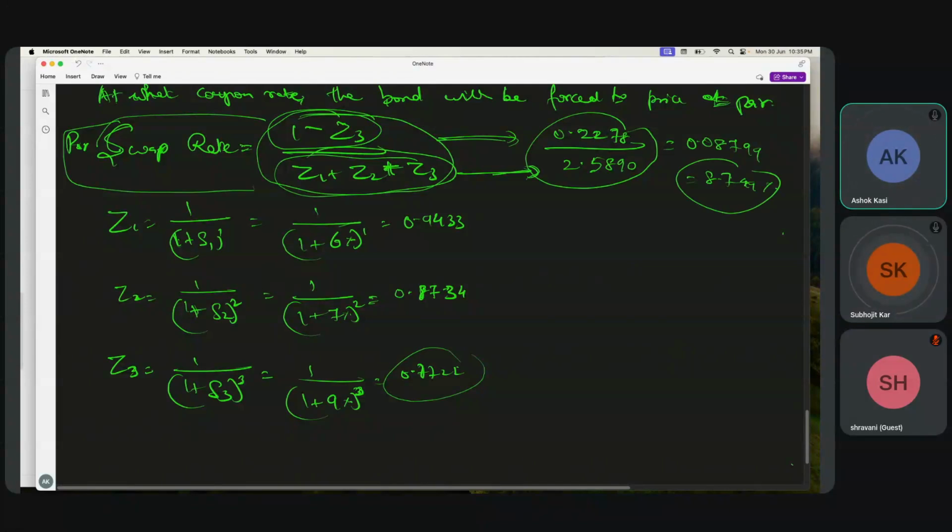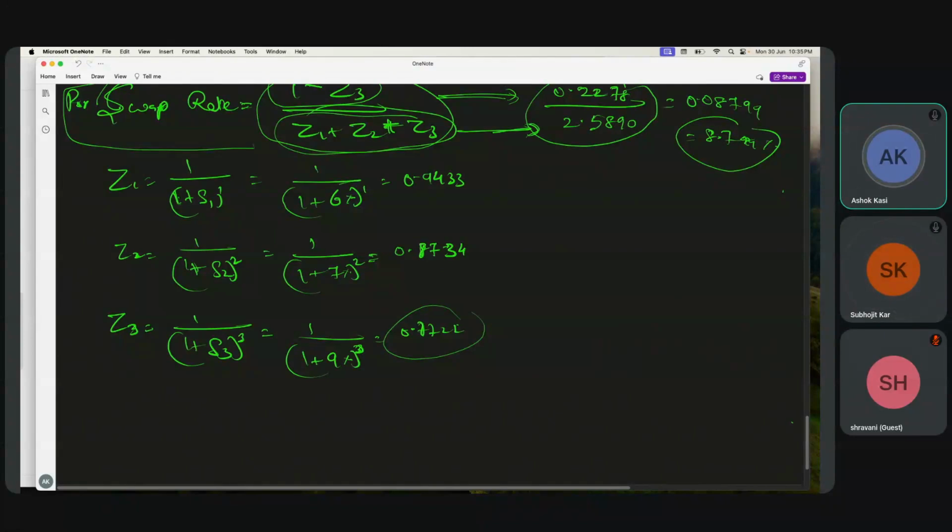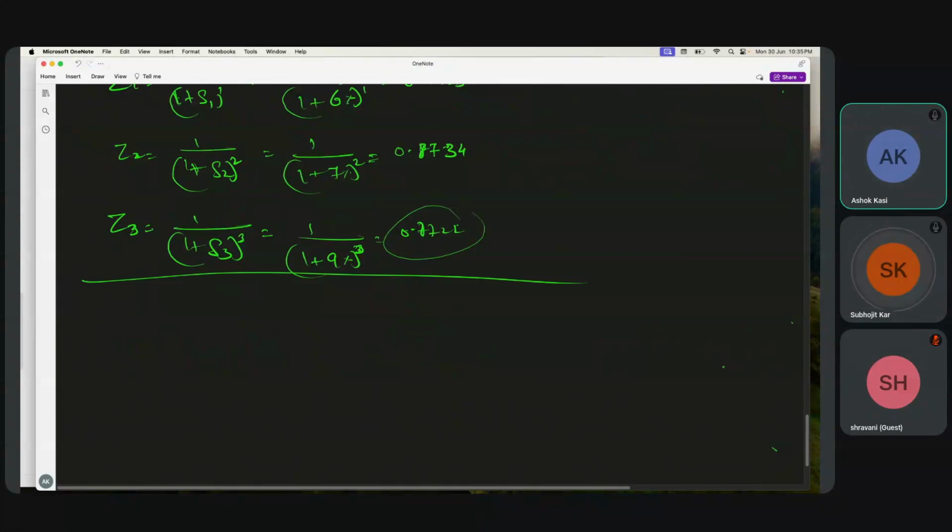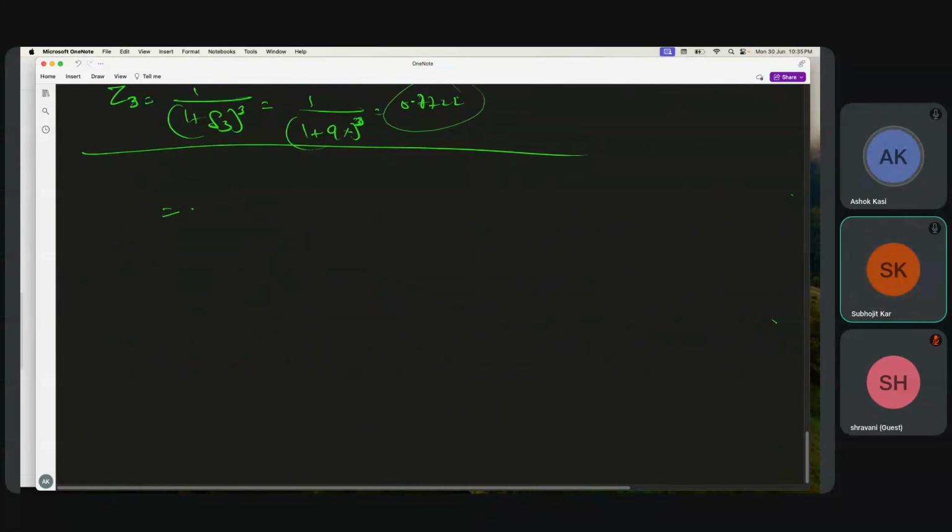If I use this percentage, the bond will be forced to price at par, 1000. Let's see how. 8.799 percent is the coupon rate, so the payment would be 87.99, then again 87.99, plus 1087.99.